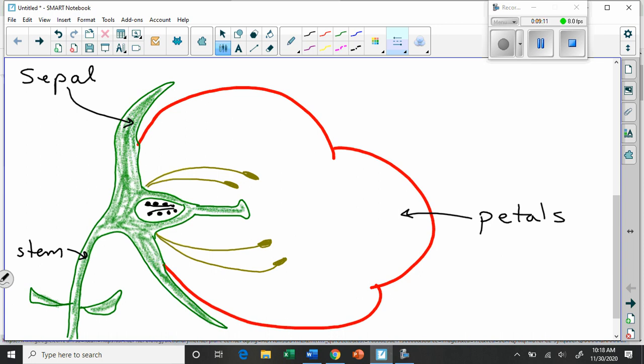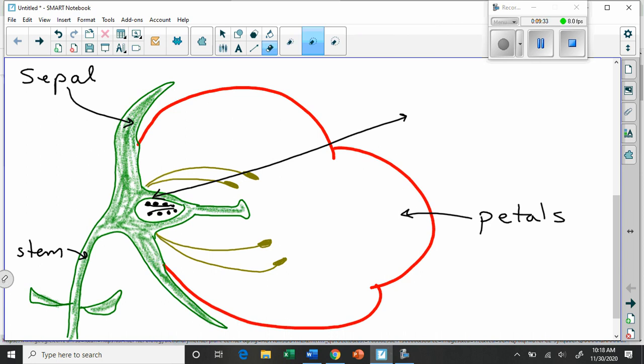Now, the working parts of the flower. So we have this green thing in the middle, which has three separate sections to it. So the first section is, I'm going to draw a line like this, right? Well, I guess the arrow should go here.